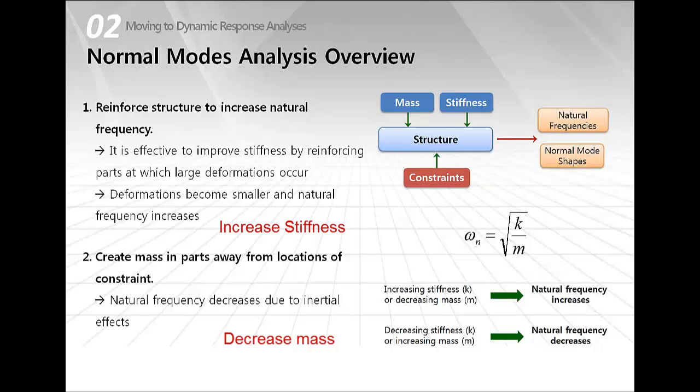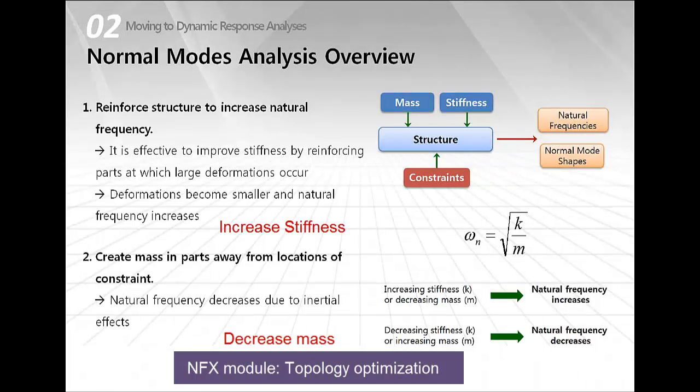I would like to mention that NFX also has a module called topology optimization, and this module will help you remove mass from the system and create an optimized model according to the mass distribution. So to increase natural frequency, we have to increase the stiffness and or decrease the mass, or do both.